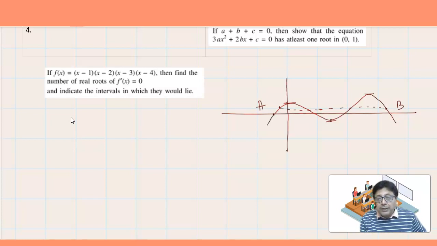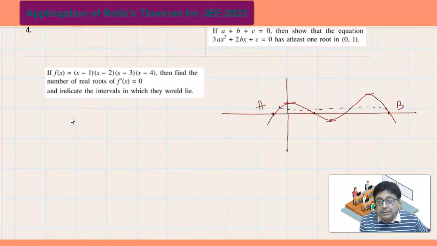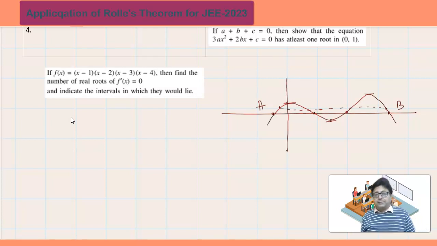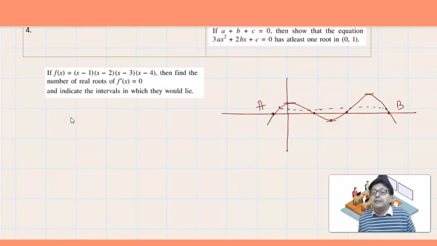So these are for f'(x) and these two are for f(x). For f(x) roots, you will find the point of intersection with the x-axis. So there is a root of f(x) at this point and at this point. Other roots are there at this point as well as this point. So there are 4 points where the graph intersects the x-axis.